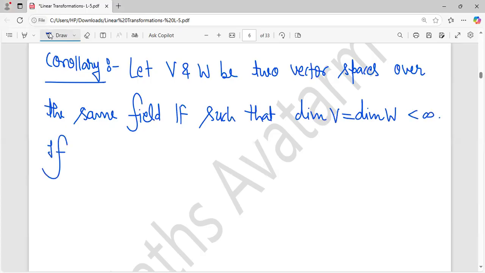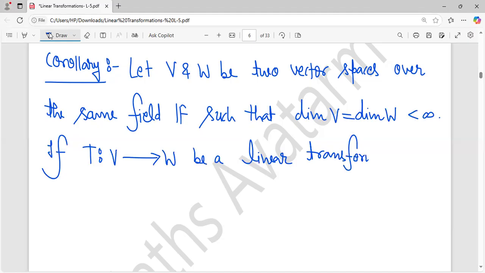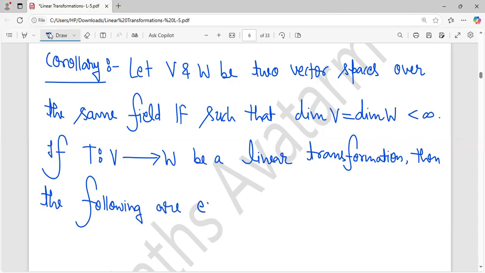If T from V to W is a linear transformation, then the following are equivalent.